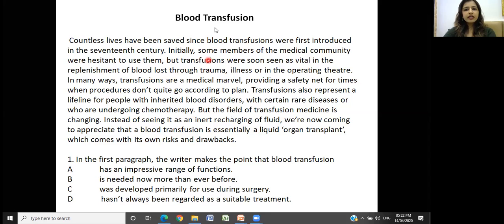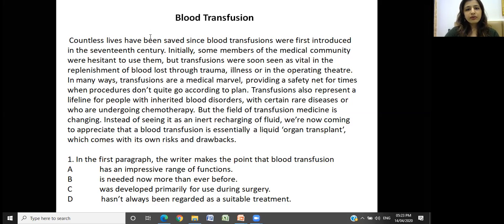So how do I identify that? Only if I'm able to understand what the topic sentence is, and then the writer would go on to give some supporting details. Now those supporting details can be in the form of supporting ideas. It could be data, statistics, or studies.